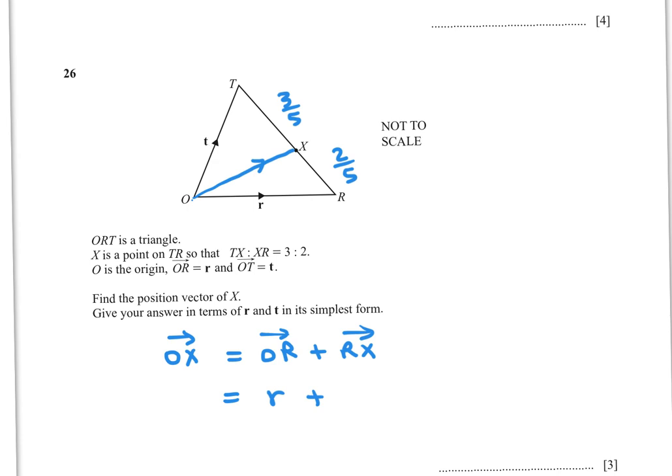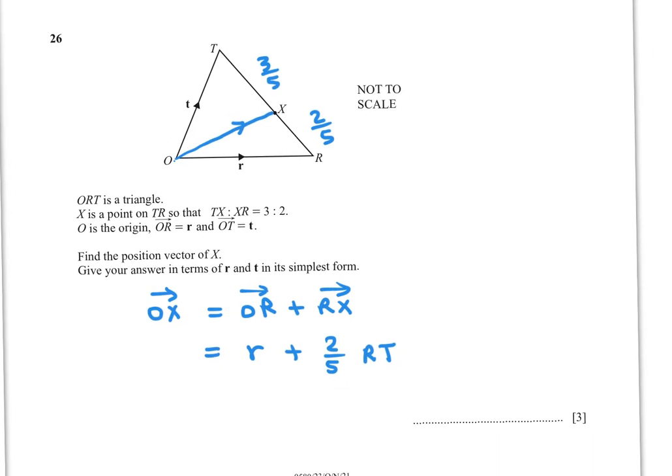RX is 2/5 of RT, and RT is RO plus OT, so negative r plus t.